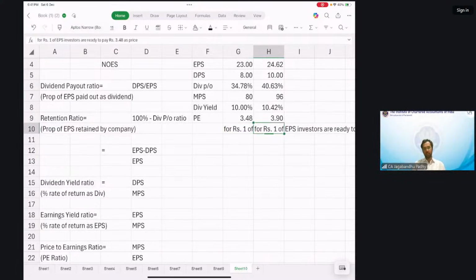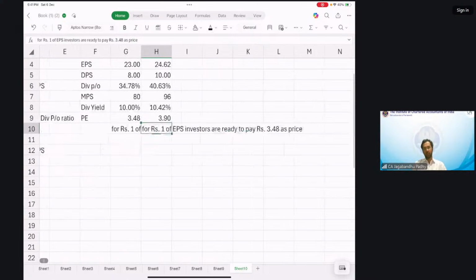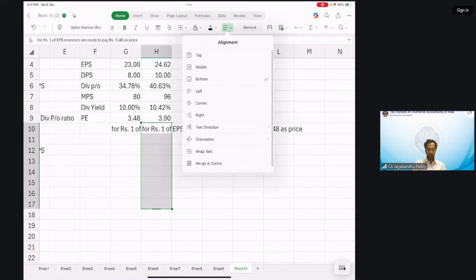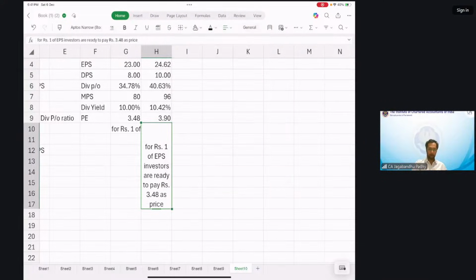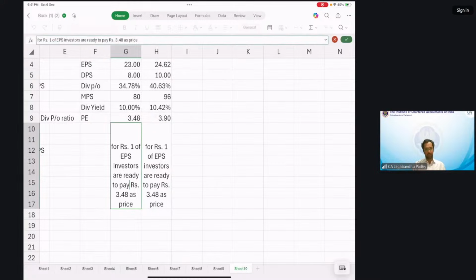And the same way for the other, for every 1 rupee, investors are ready to pay 3.9 as the price. Right, so this is 3.48, and for this, they're ready to pay 3.9.